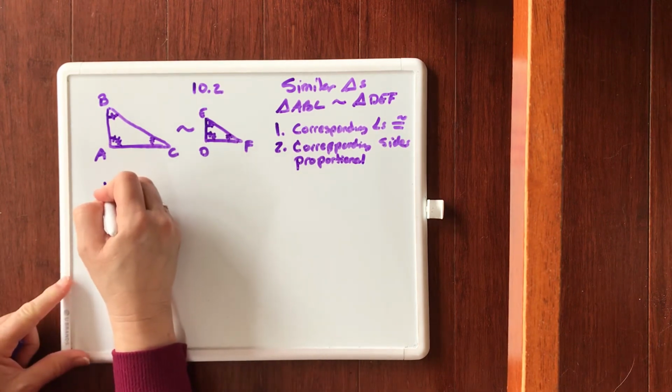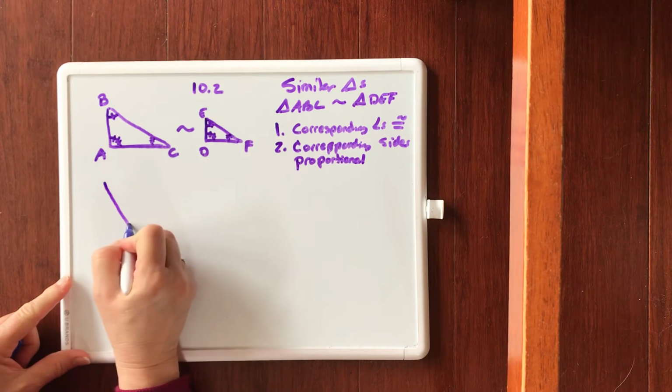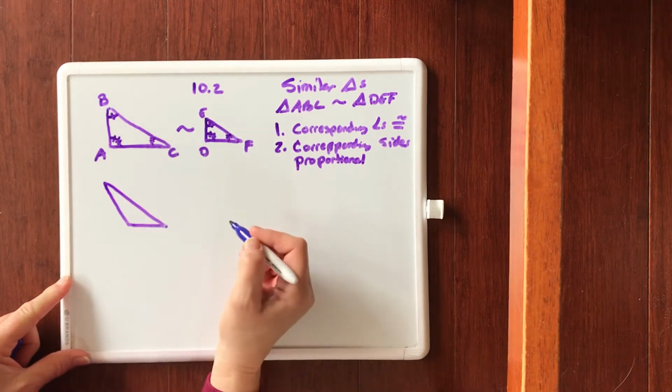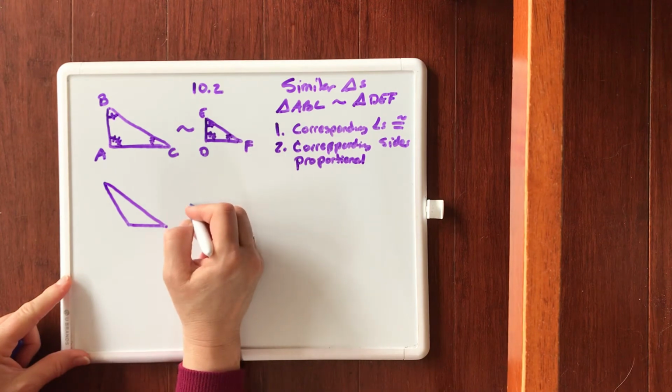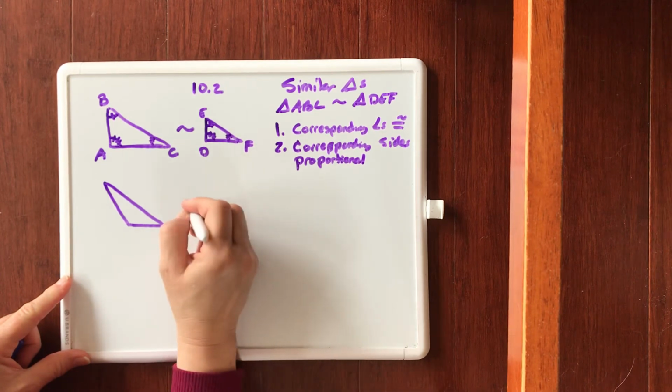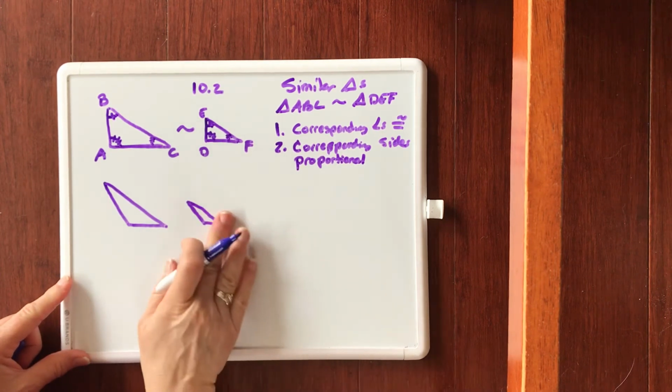So I'm going to make another example of some triangles. Okay, there's one. And I'm going to make one that looks just like it. I'm going to try to anyways, but smaller. Not quite.